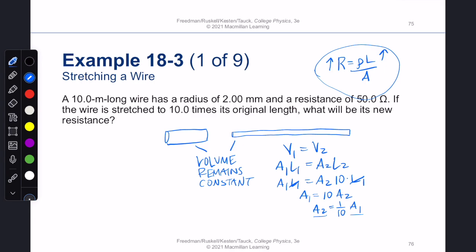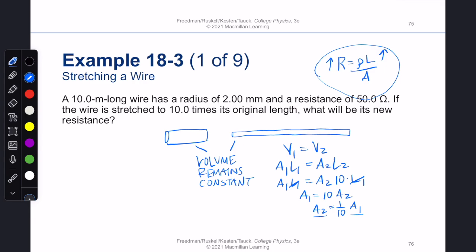And this makes sense, right? Because as you roll out the Play-Doh, the cross-sectional area decreases. So the new cross-sectional area A2 of the longer but thinner wire is going to be smaller than the original area. So that's why we are multiplying by 1/10 to make that original area smaller.